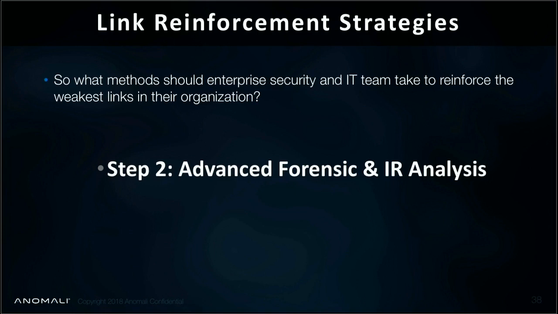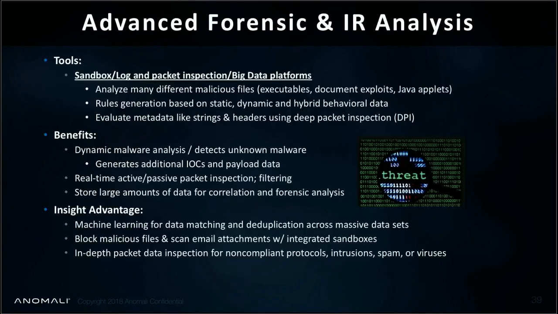So doing more advanced forensics and IR analysis. Some of the tools for this: having sandbox technologies, doing log and packet inspection, big data platforms. These all go hand in hand. I mean, you have to be able to analyze malicious files, executables, document exploits, Java applets, to just name a few. Building rules, like maybe YARA rules, or building rules that are looking at building those engines for detecting and creating signatures.